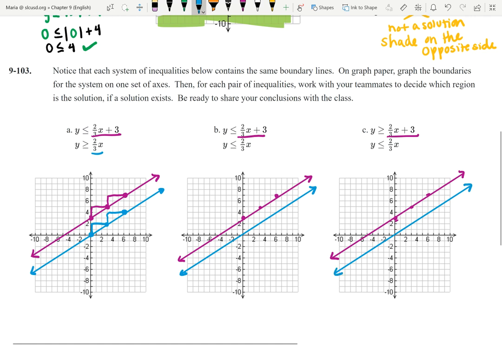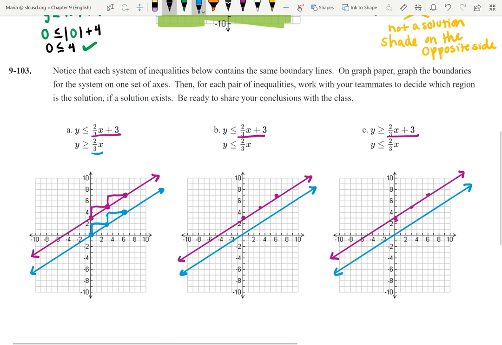Okay, and that's that. Now all we've got to do for each part is figure out where we're going to shade. Because 0, 0 falls on one of my boundary lines, 0, 0 may not be the best point to test.